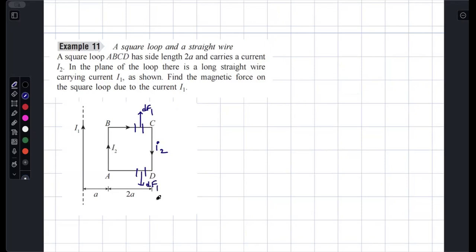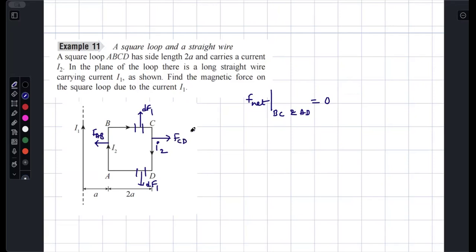Correct or not? So therefore, F net of BC and AD is 0. Forget about that for a while. Now, if there is a force, that force is on this. This is FAB and this is FCD.